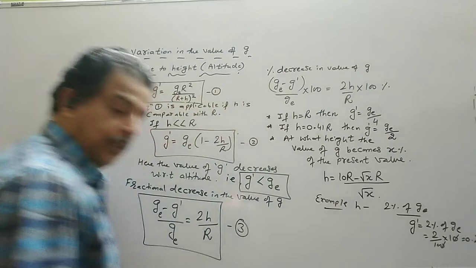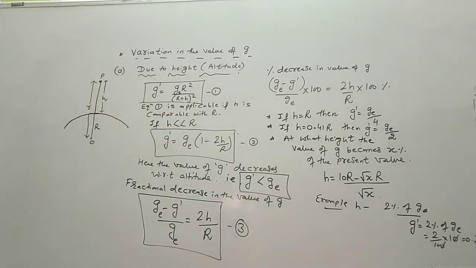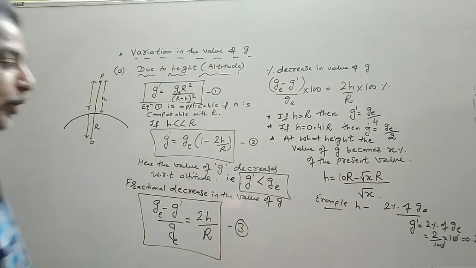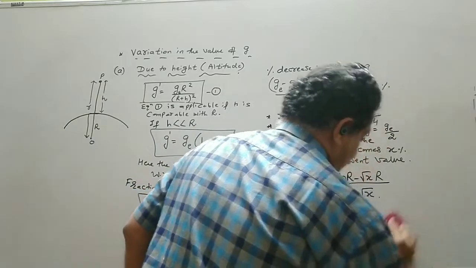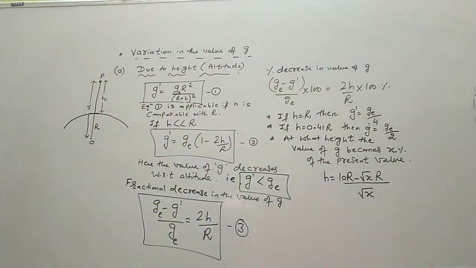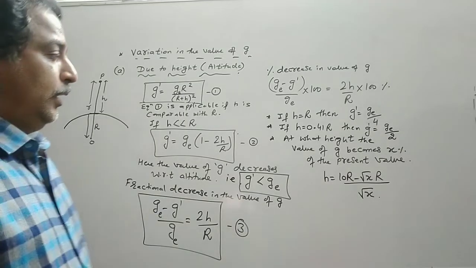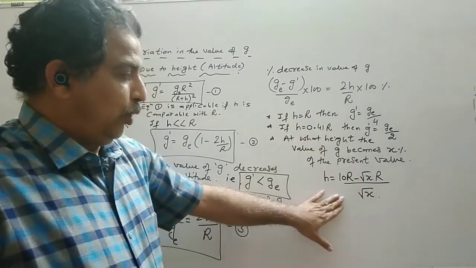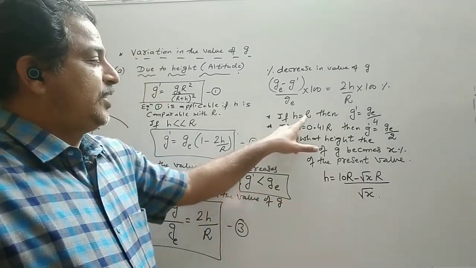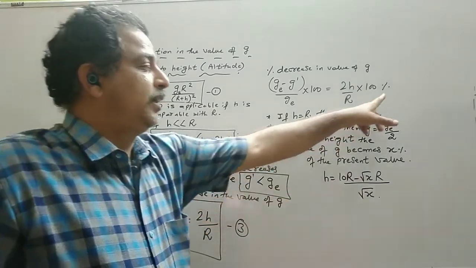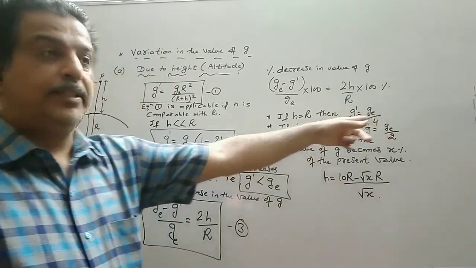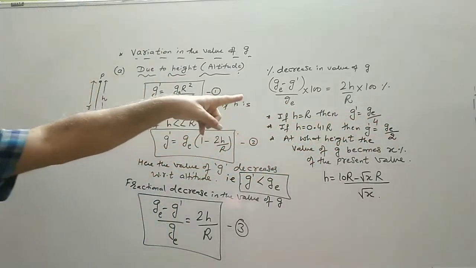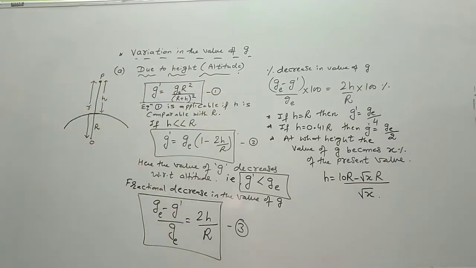Now let us take an example where we can directly check this value. To verify this formula, at h is equal to r, g dash becomes 1/4. 1/4 multiplied by 100 is 25% of GE.